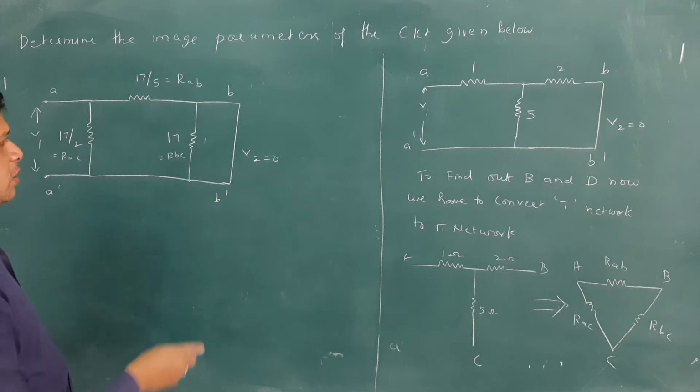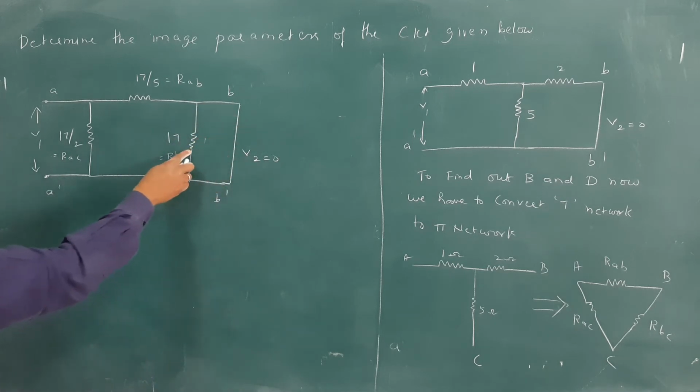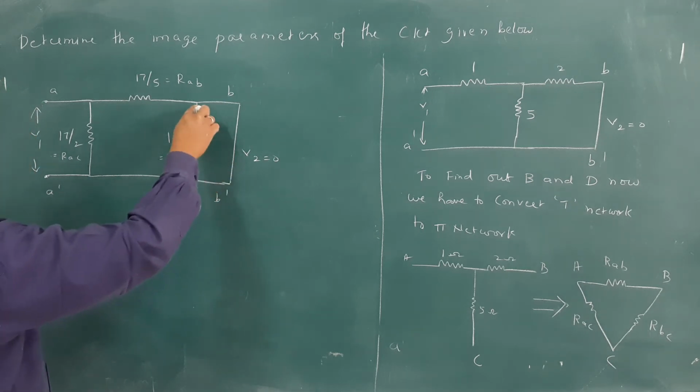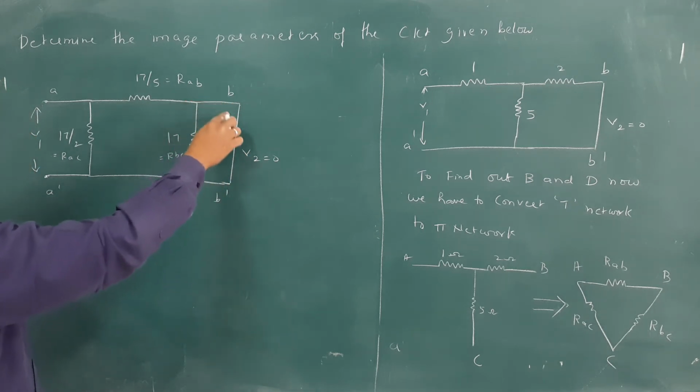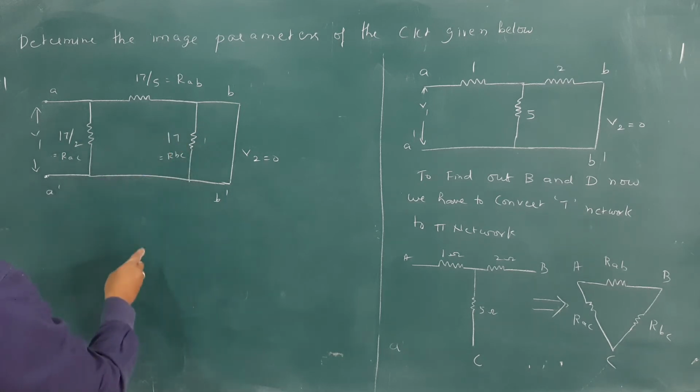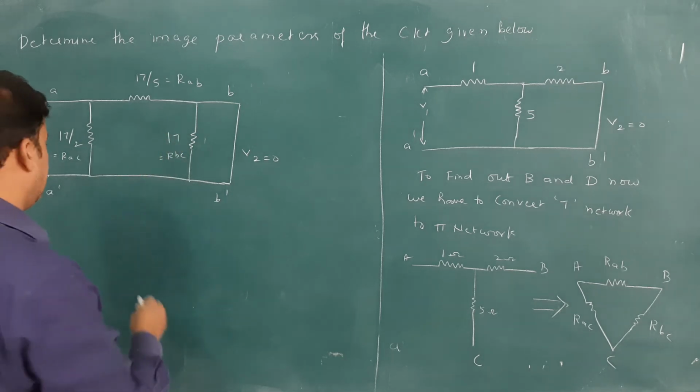As we know, students, that when we are short circuiting, this resistor will not be present. As the high current flows here, V2 is equal to 0 means only the short circuit current will be flowing, and therefore this branch won't be considered. This branch will not be considered, and this will be considered as a redundant branch.